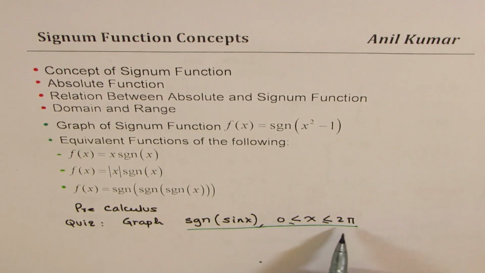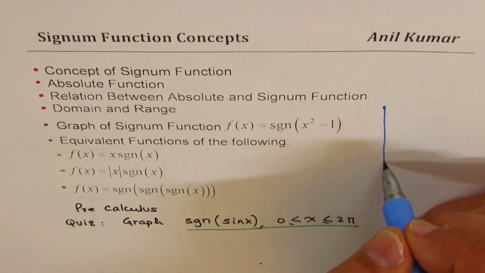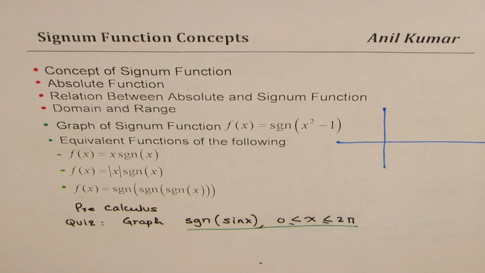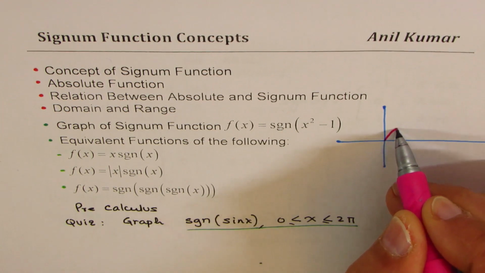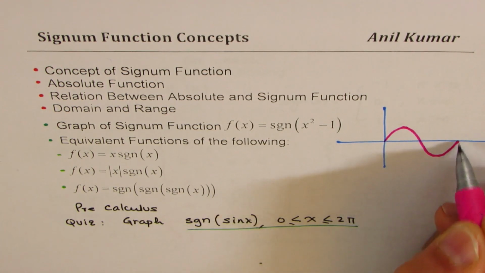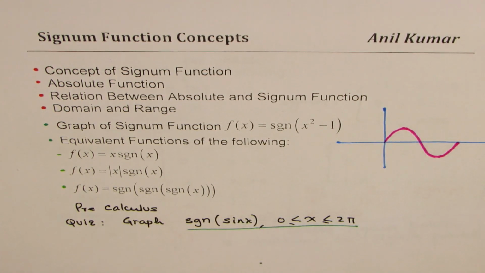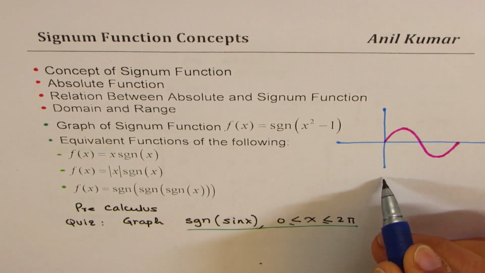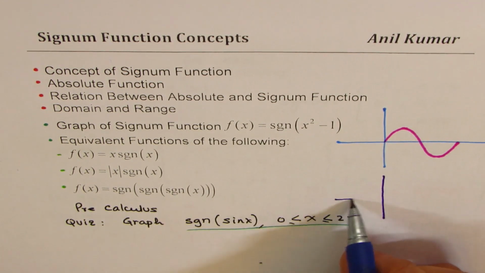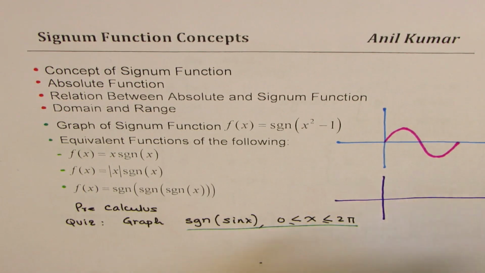We'll only restrict ourselves to the 0 to 2 pi domain. As you know, the sine function could be sketched kind of like this. Instead of values, I prefer to use a graph. You can see clearly that at this point, so what I will do here is that we'll separately graph both.